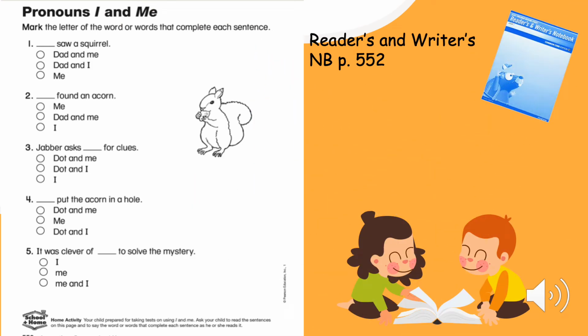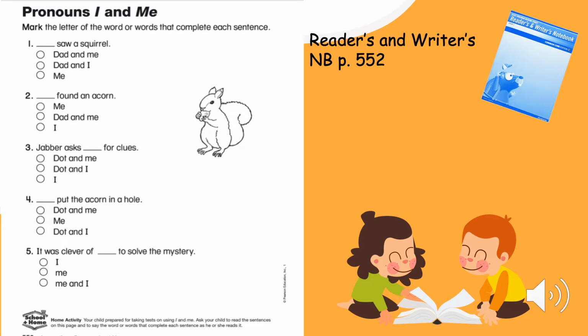Now, open your Readers and Writers notebook on page 552. Directions. Mark the letter of the word or words that complete each sentence. You have to choose among the choices. Number 1.